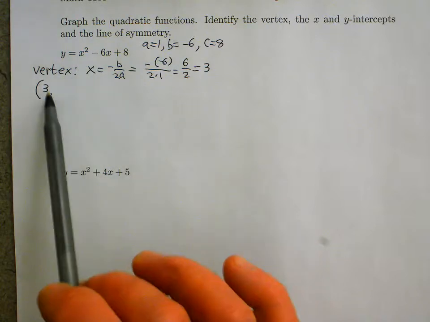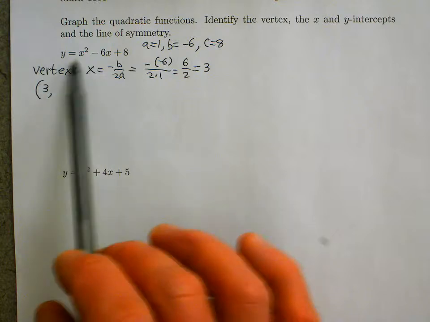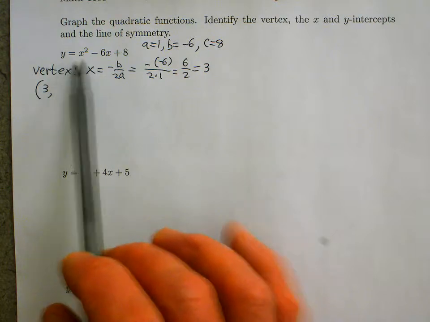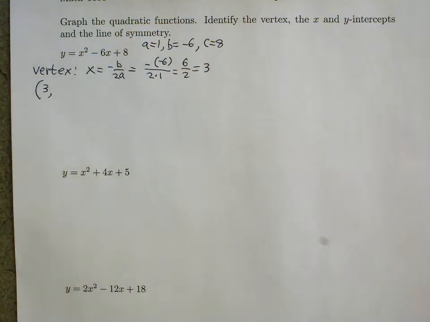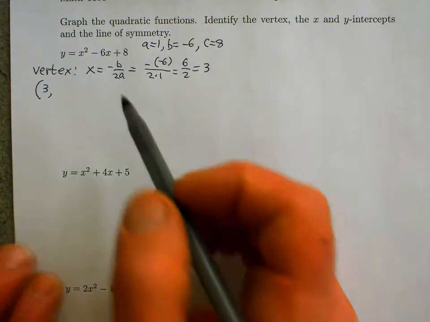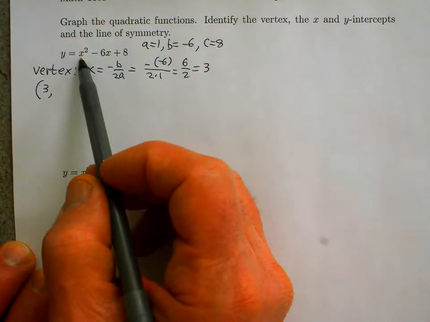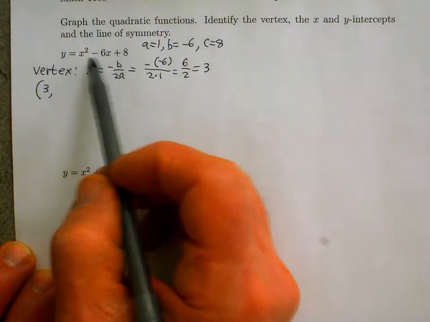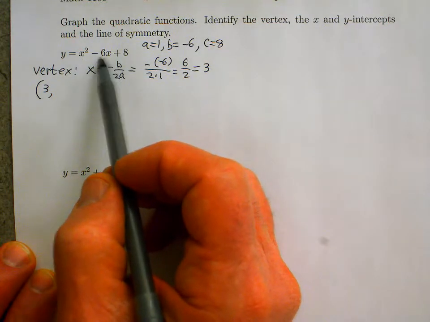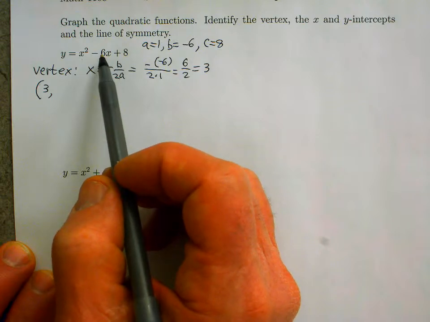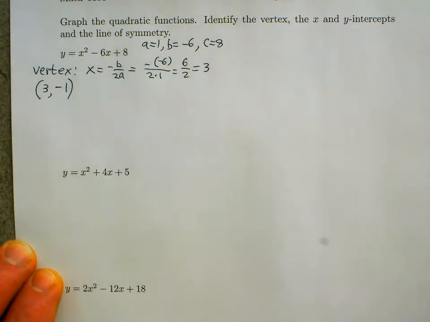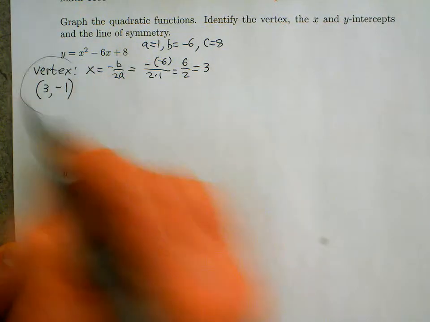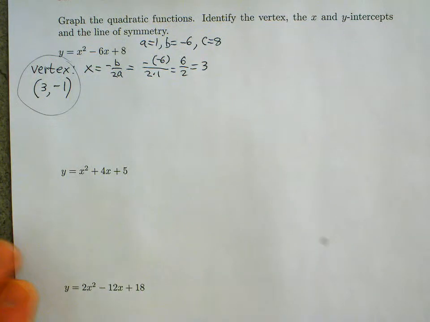So the Y coordinate of the vertex can be found if we replace every X with 3 and do the arithmetic. Okay, so 3 squared is 9. 6 times 3 is 18. So 9 minus 18 is negative 9. And negative 9 plus 8 is negative 1. So the vertex is the ordered pair 3, negative 1.